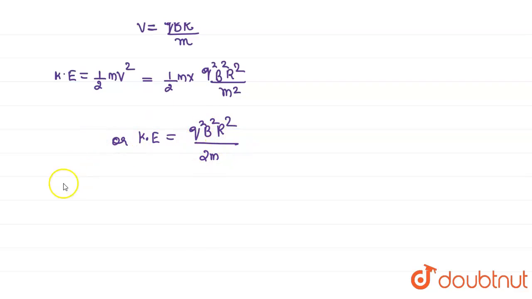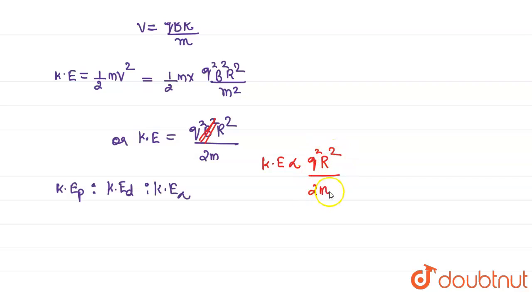Then if we are considering the ratio, kinetic energy of proton is to kinetic energy of deuteron is to kinetic energy of alpha particle, here the quantity B, magnetic field, remains same. So kinetic energy is proportional to q square r square divided by 2m.